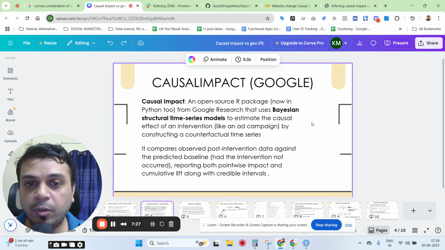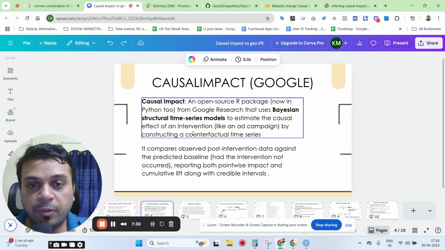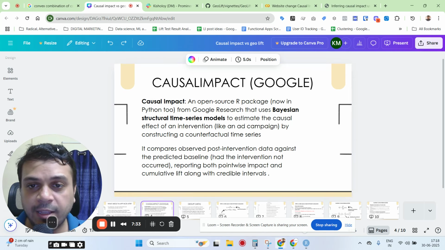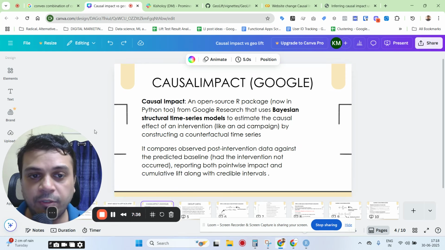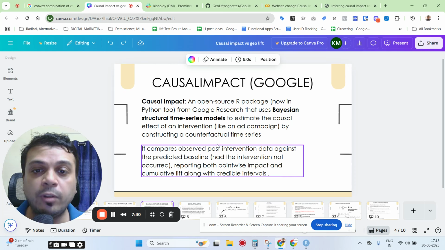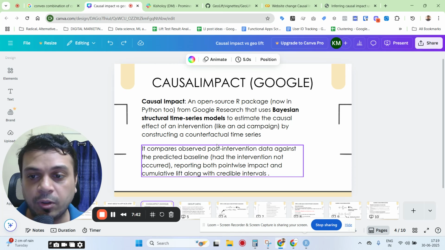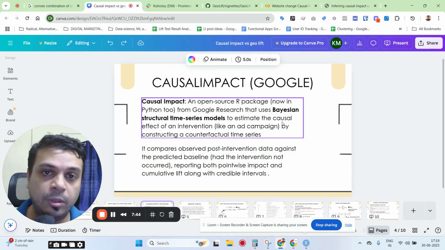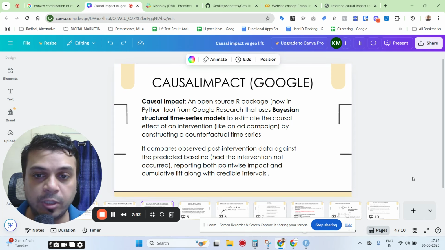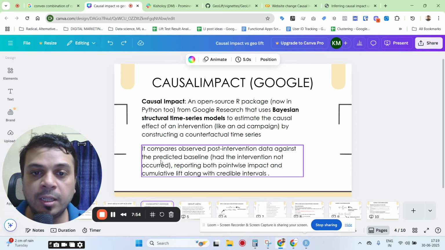The objective of it is to estimate the causal effect of an intervention, right? And it does so by doing the exact thing that I discussed while discussing the definition of incrementality, by constructing a counterfactual time series. What would have happened if the intervention never occurred, essentially? So you deduct the counterfactual from the actual outcome, and that difference, that residual, gives you the causal impact.